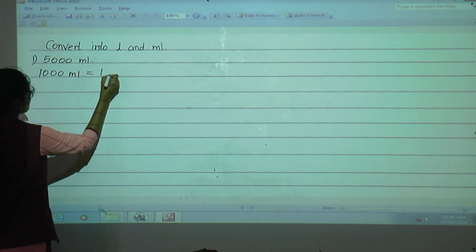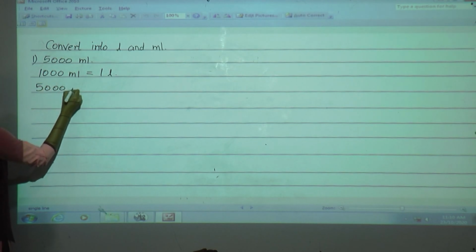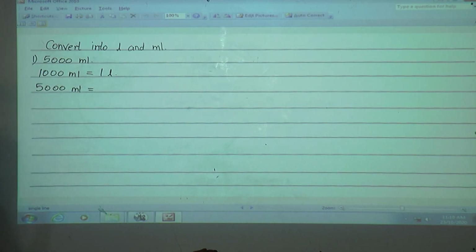So here we write 1 liter. This is our first step. Now here we have 5000 ml. So 5000 ml is equal to what? We just have to remove the 3 zeros from the right side, because to convert liter into milliliter we have to multiply by 1000.